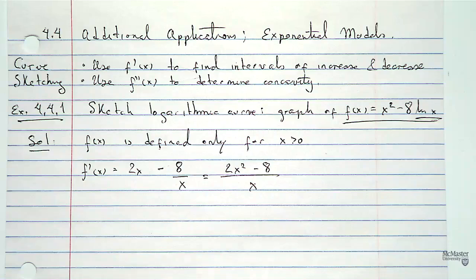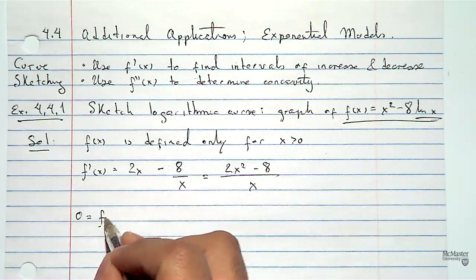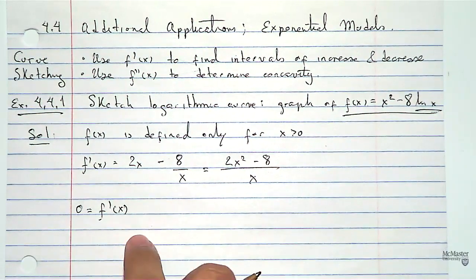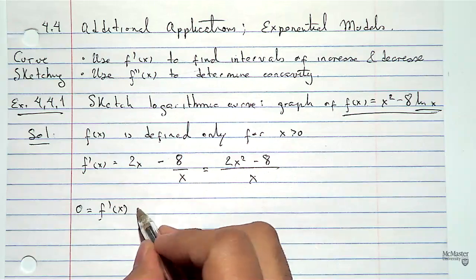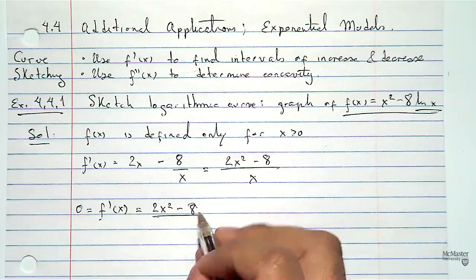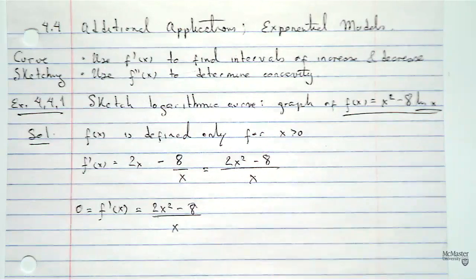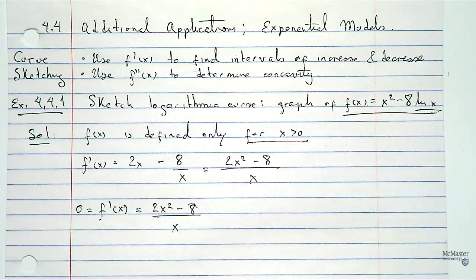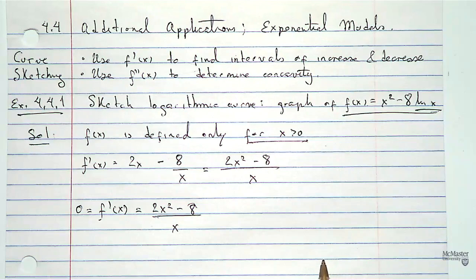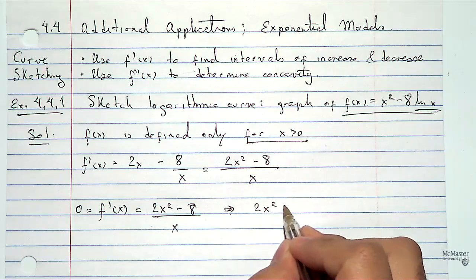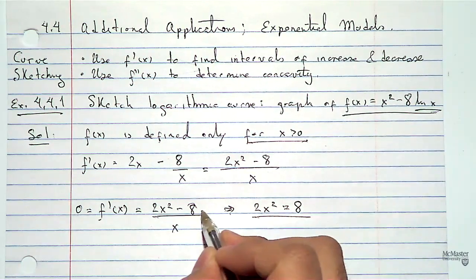So if I want to find a critical point, which, by the definition of critical point, is where f prime is equal to 0, this has to be 2x squared minus 8 over x equal to 0. However, on one hand, we know that x has to be positive because the log is part of the arguments. So the only way that this can be 0 is if 2x squared is equal to 8, so that this factor is 0.